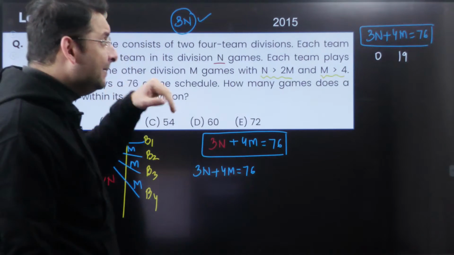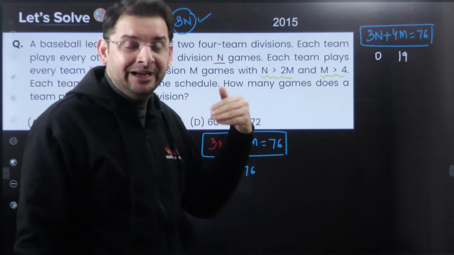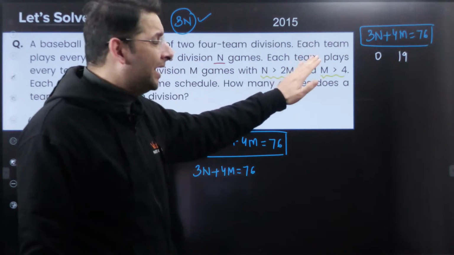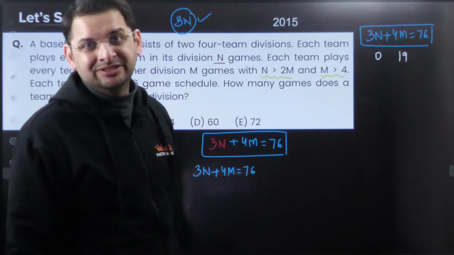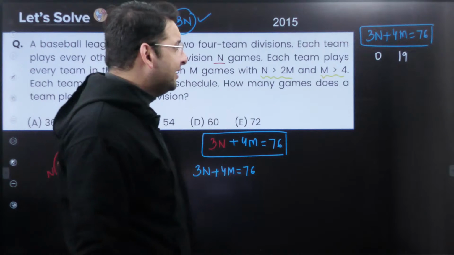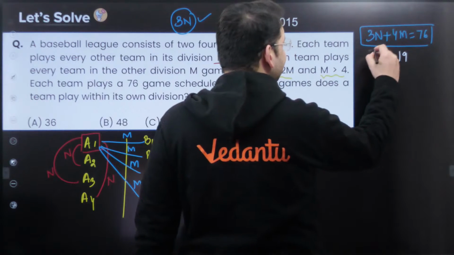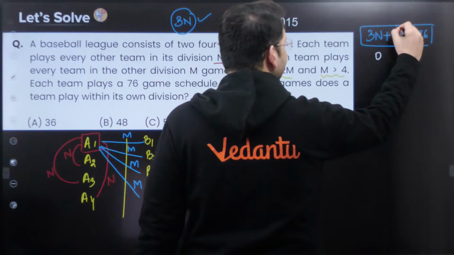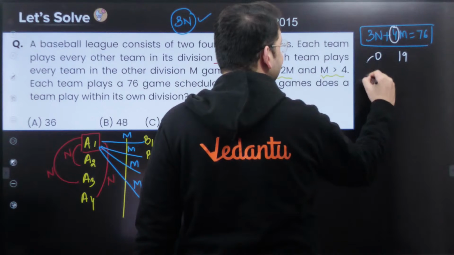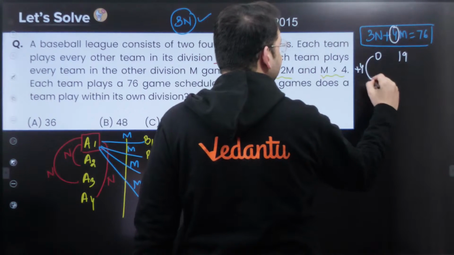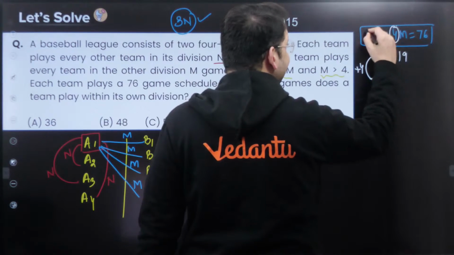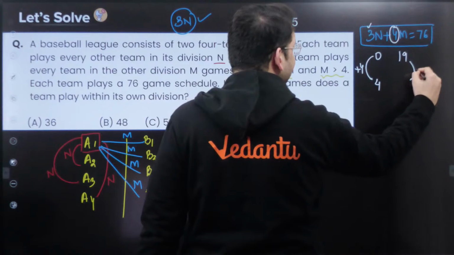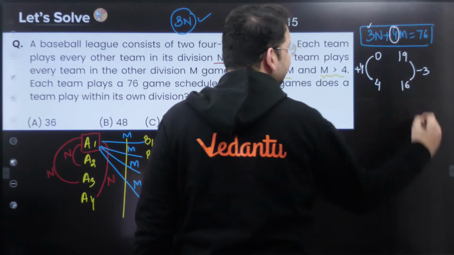Now guys, the important part which I'm trying to explain is how do we find the pattern of the other solutions. The pattern of the other solutions is that here you keep adding the coefficient of m, so basically add 4. So this becomes 4. And here you keep subtracting the coefficient of n, so this will be 16.